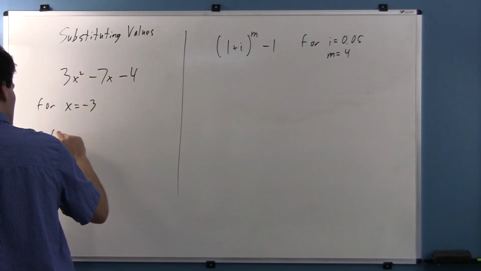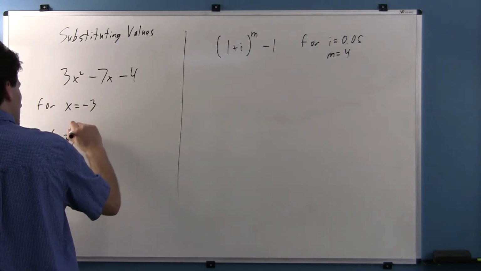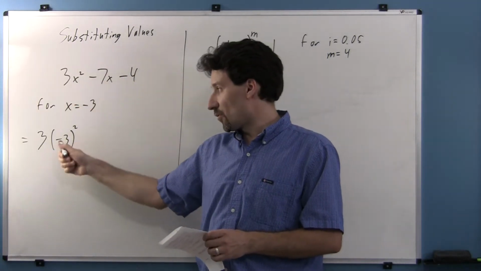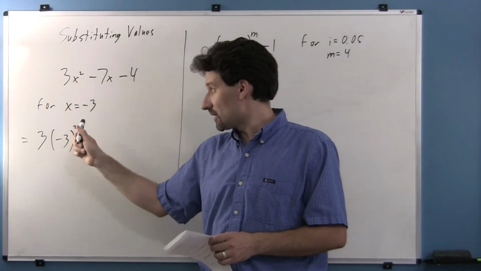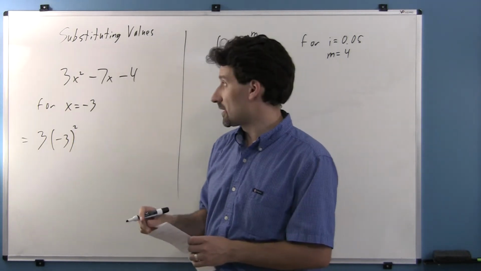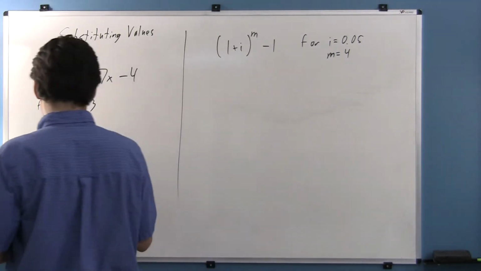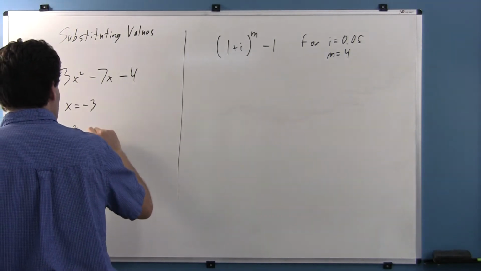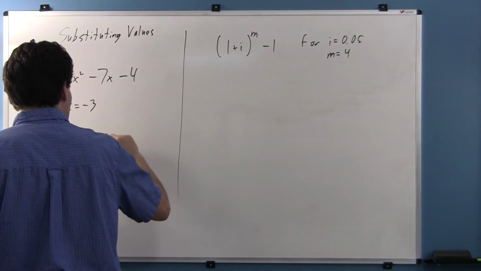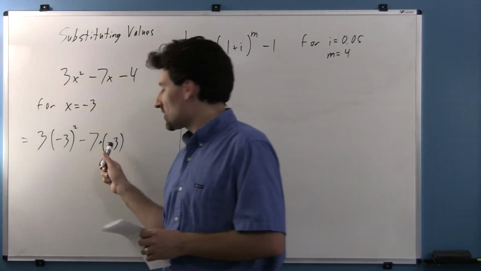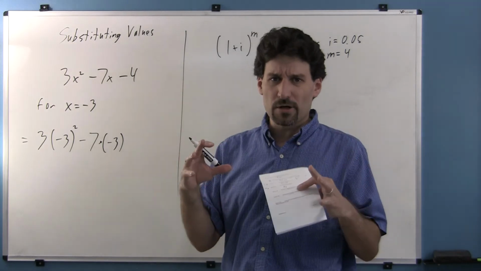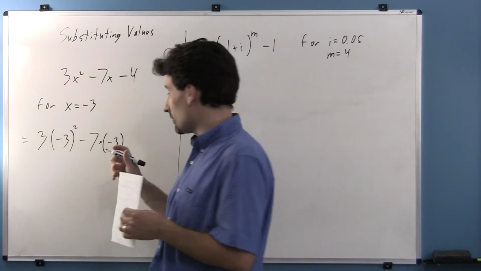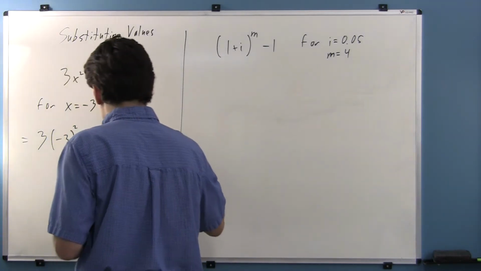So that's 3 times bracket -3 bracket squared, because the value of x is -3, so we want that whole number actually being squared because of the exponent, because that'll affect the answer significantly, the sign. So that's minus 7 times bracket -3. It's just handy to put it in brackets everywhere, because then you're making sure you retain the signage of the number since it's not a positive number. And minus 4 at the end.